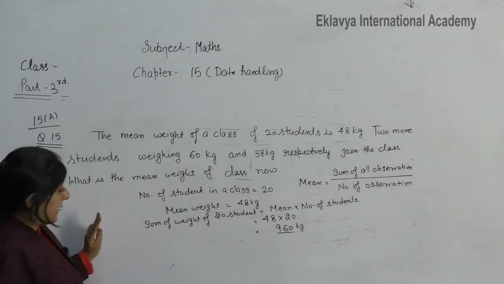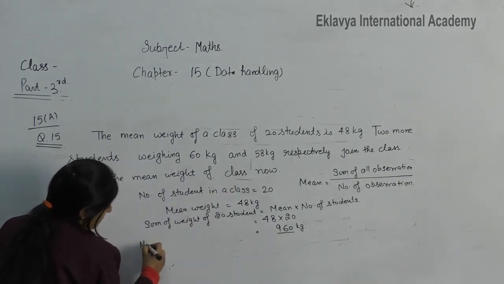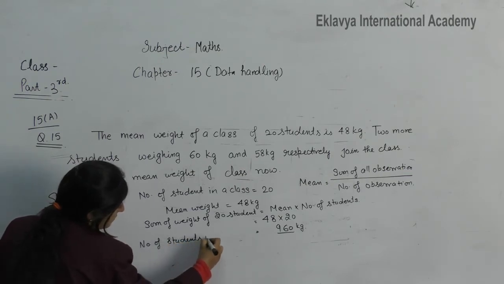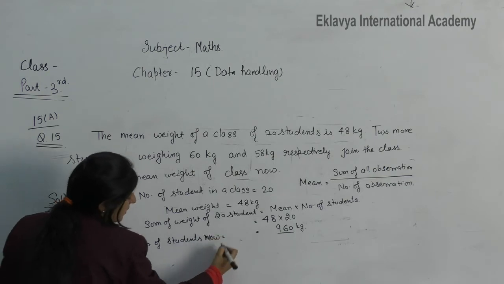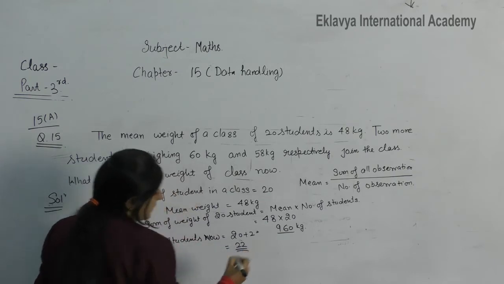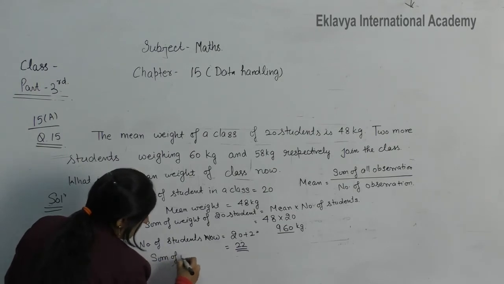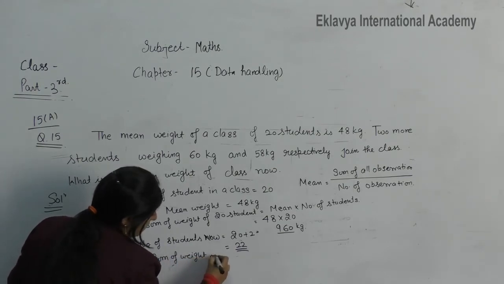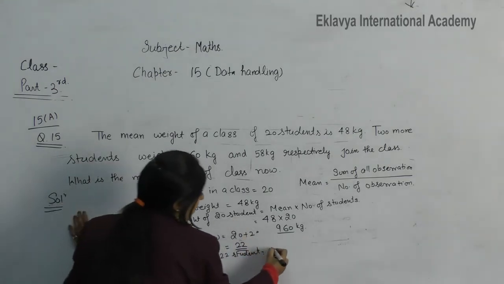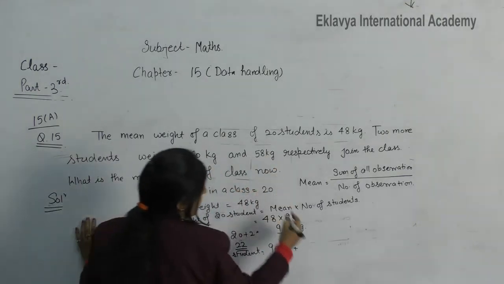2 more students added, then the number of students now is 20 plus 2, which becomes 22 students. And the sum of weight of 22 students, how to find it? 20 students weight 960, plus 2 more students weight 60 kg and 58 kg.